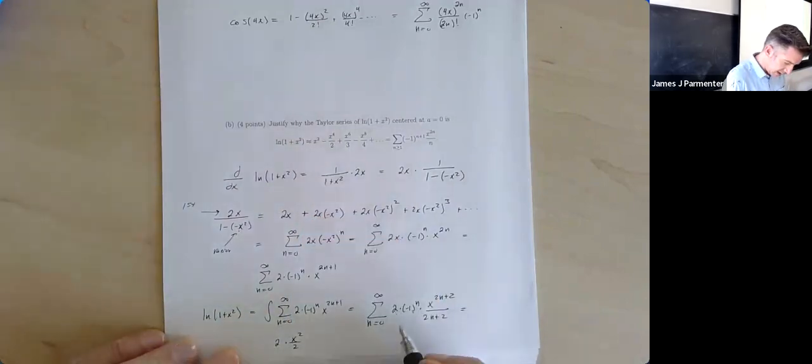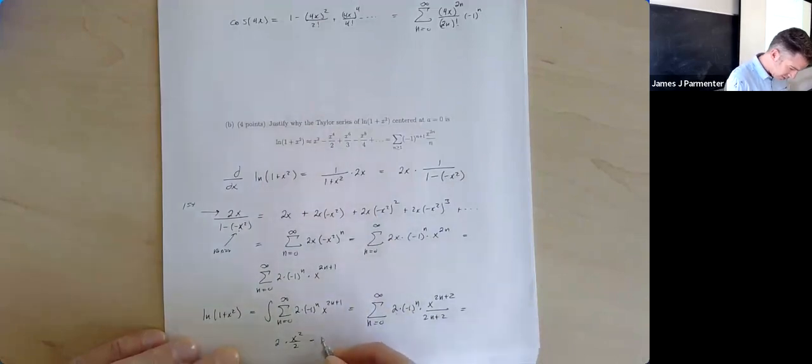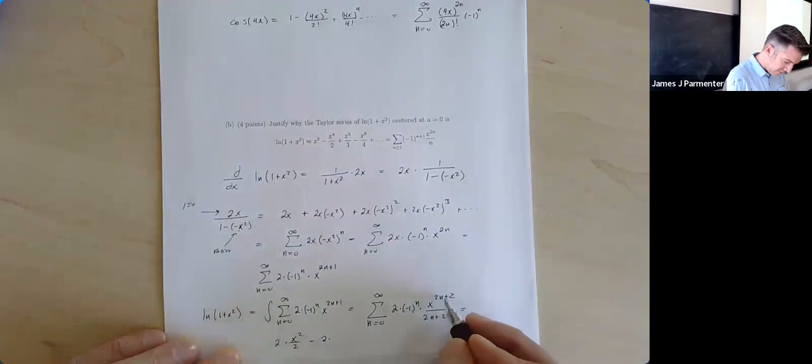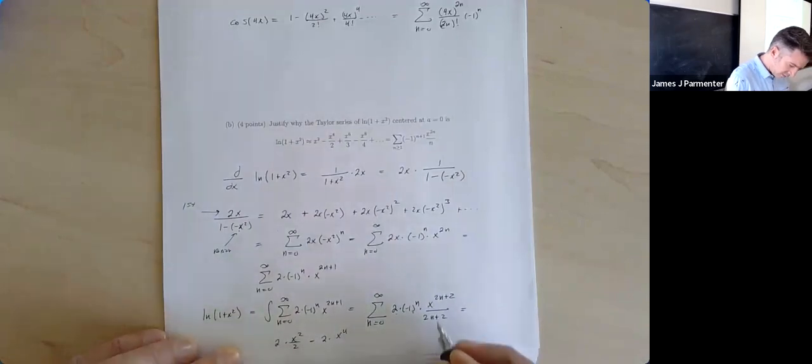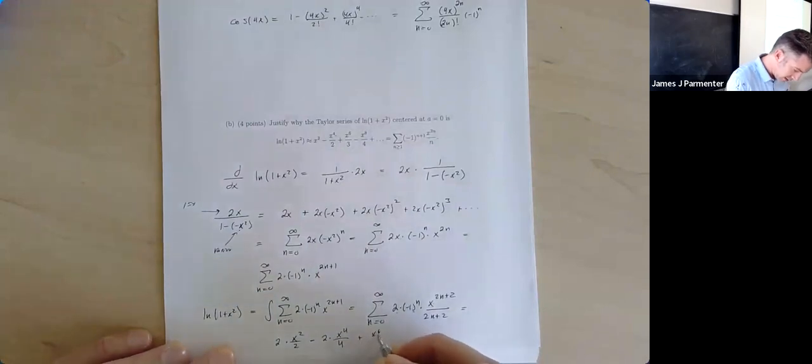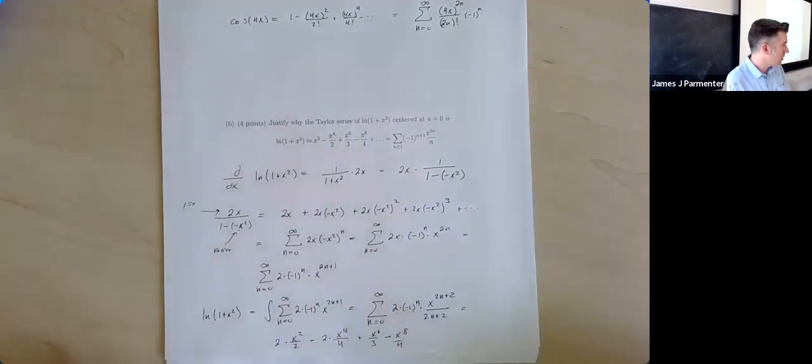And then when I plug in n equals 1, I get 2 times negative 1, so minus 2 times x to the 4th over 4, which is exactly x to the 4th over 2. So we're looking good. I would probably just fake it the rest. I would probably just say the next one's going to be x to the 6th over 3. The next one's going to be minus x to the 8th over 4. I think that'd be probably okay to do.